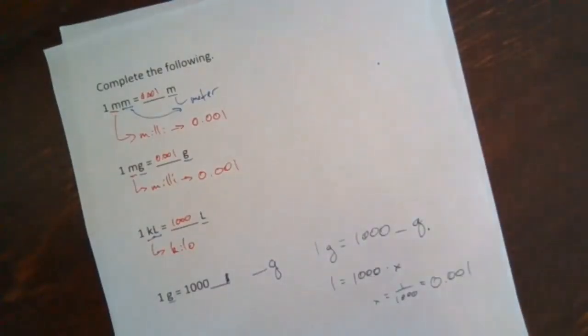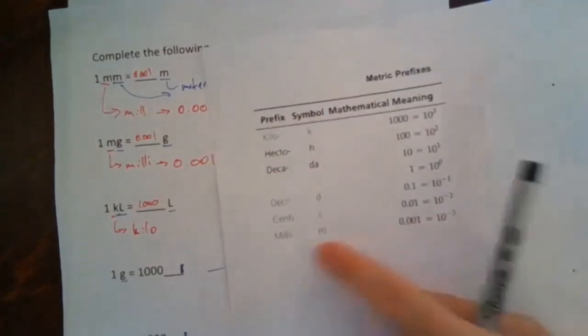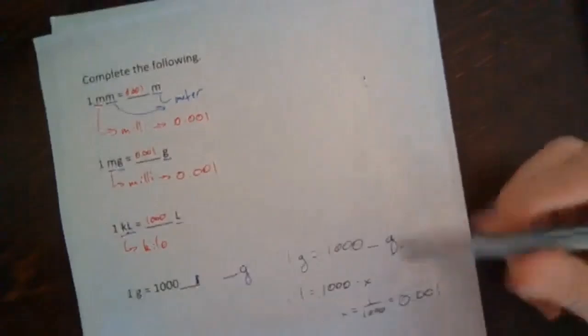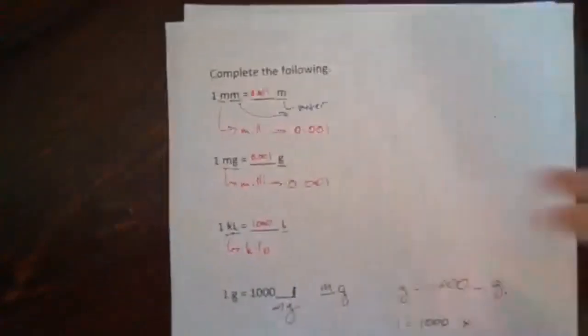Okay. And if we look it up, that mathematical meaning is milli. So this means that our prefix is milli. So this would be a milligram right there.